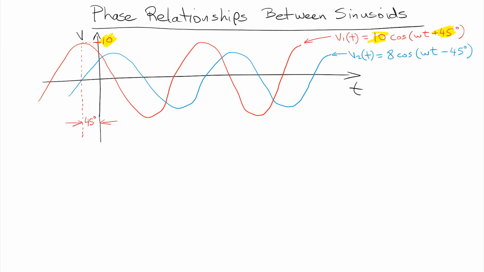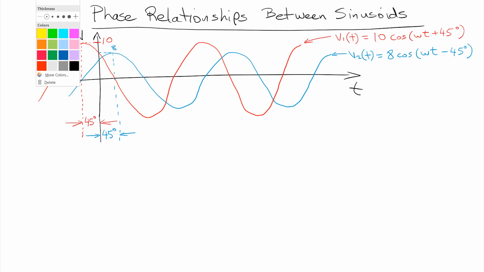We know that a positive phase shift of a sinusoid means that its waveform shifts over to the left by the same amount. So in this case, it's 45 degrees. Now for V2, the magnitude of the waveform is 8, so it has a peak value of 8, and its phase shift is minus 45 degrees.